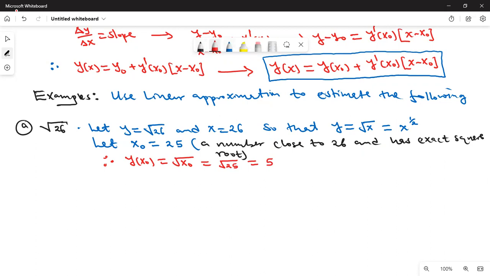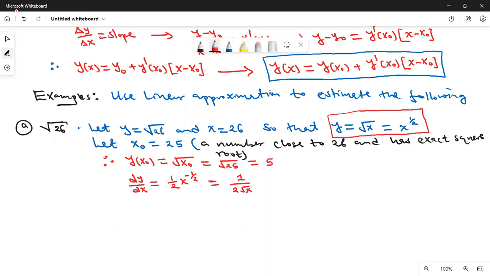Let's differentiate this function. dy dx will be 1 over 2 times x raised to negative 1 over 2, which you can write as 1 over 2 root x.